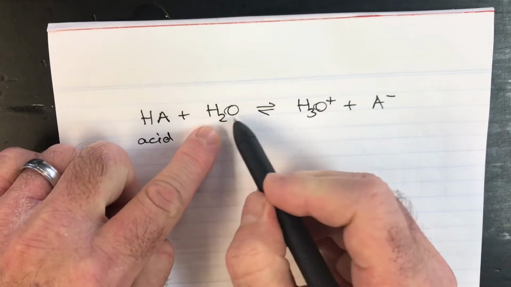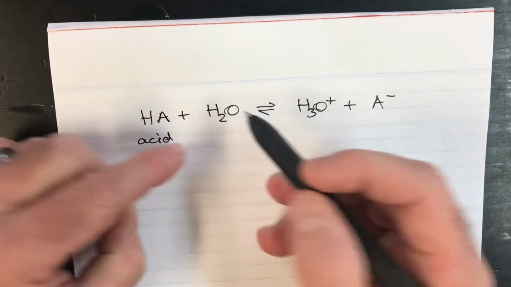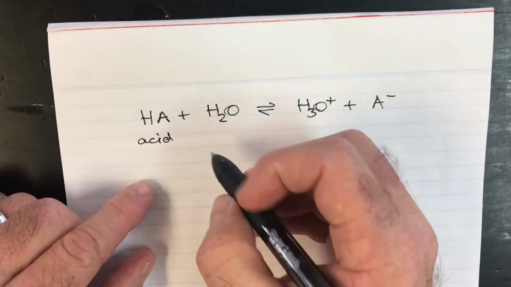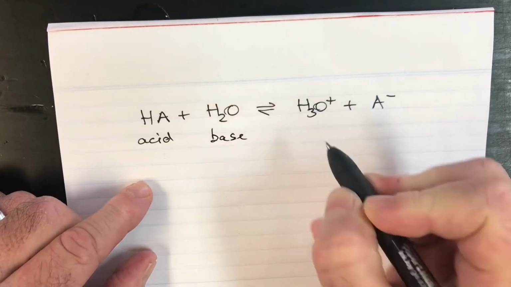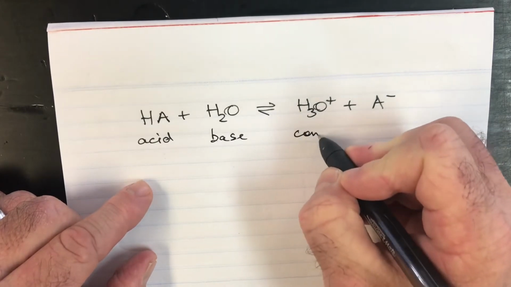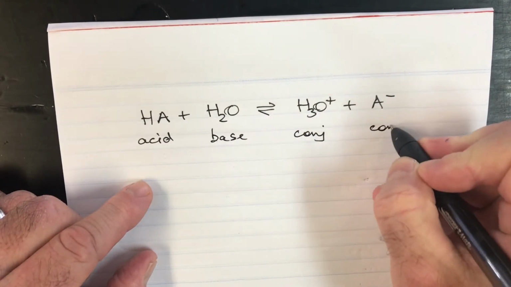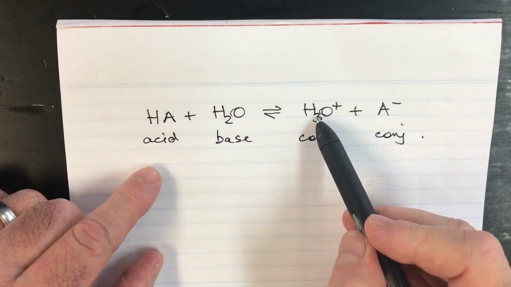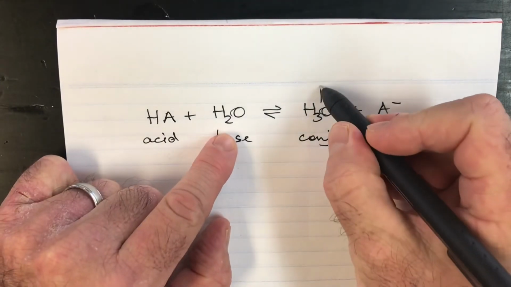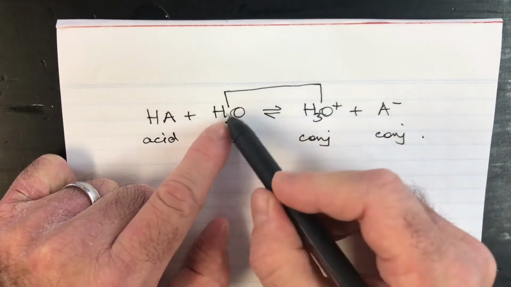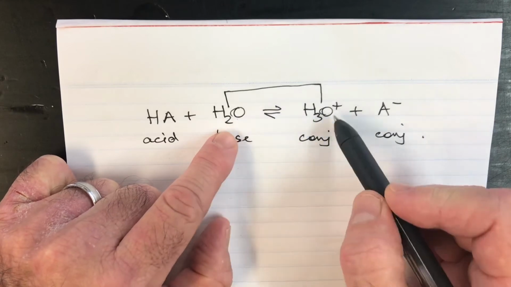This is a water molecule. The bonds are held together by covalent bonds, and it's pretty stable. So this is the base, and these two are the conjugates. This one is conjugate with that one, joined with that one, because they're related species.